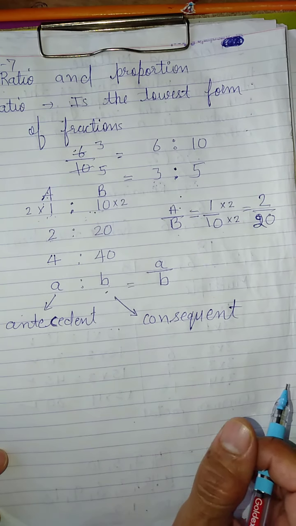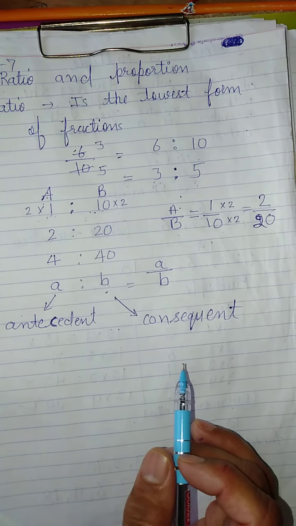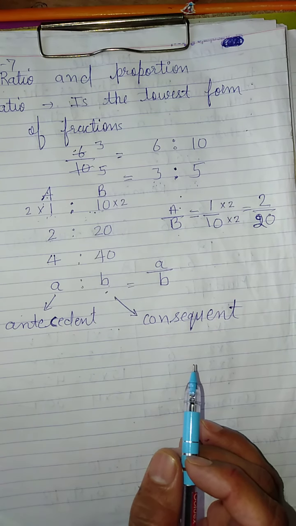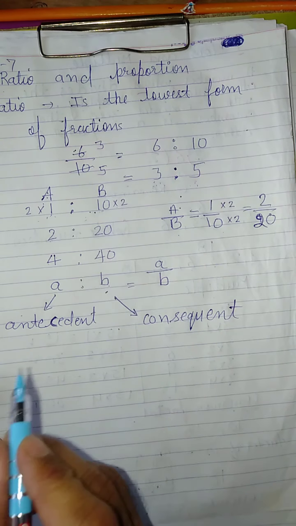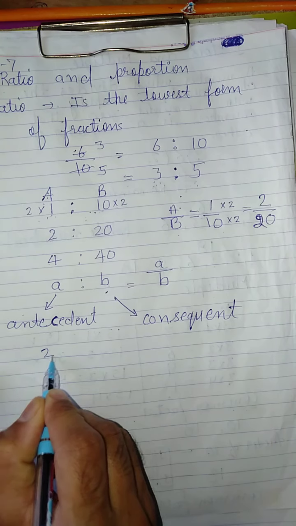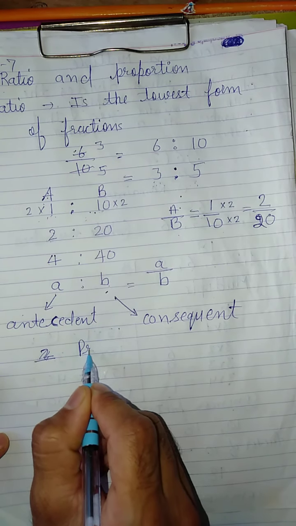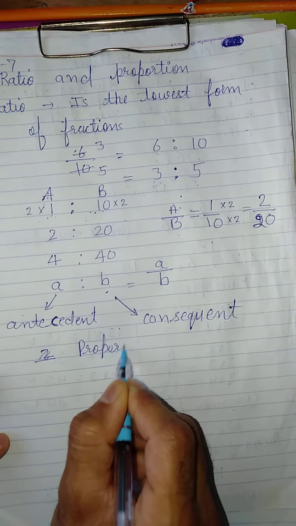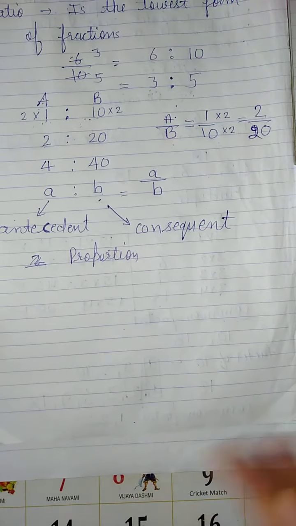Now proportion. What is proportion? When we are talking about ratio, do you know equivalent ratio? Equivalent ratio means, see, 2 upon 3, and we are now talking about proportion.